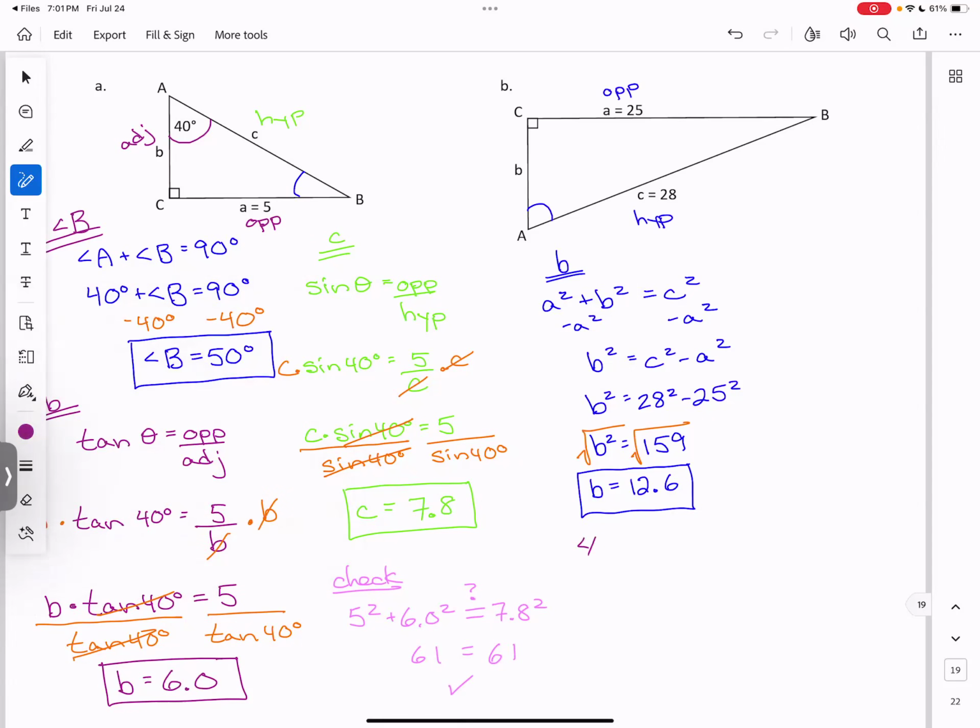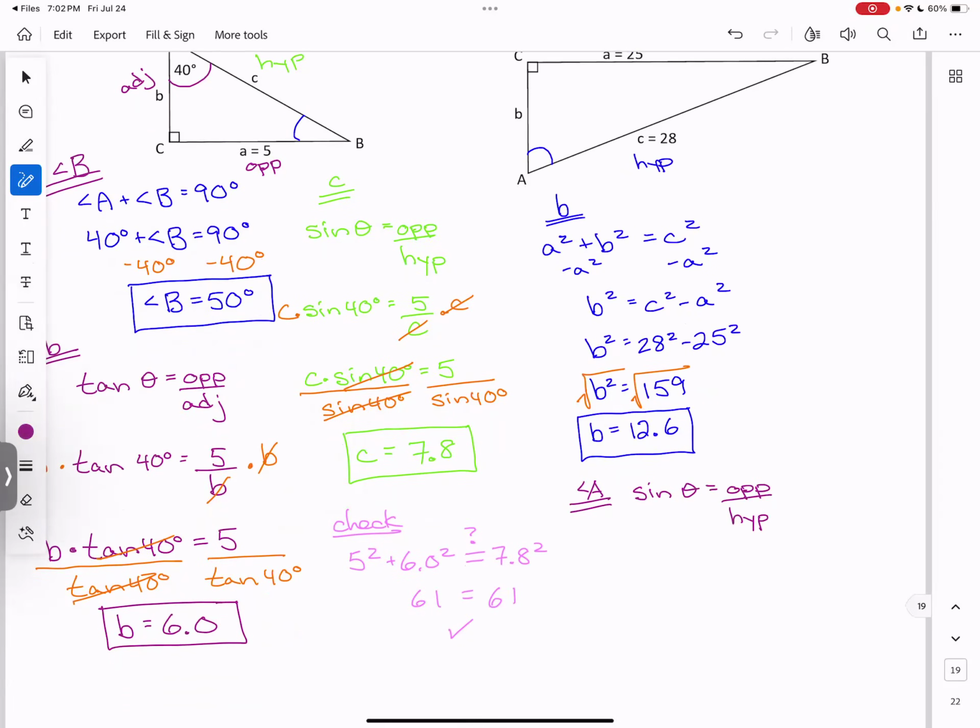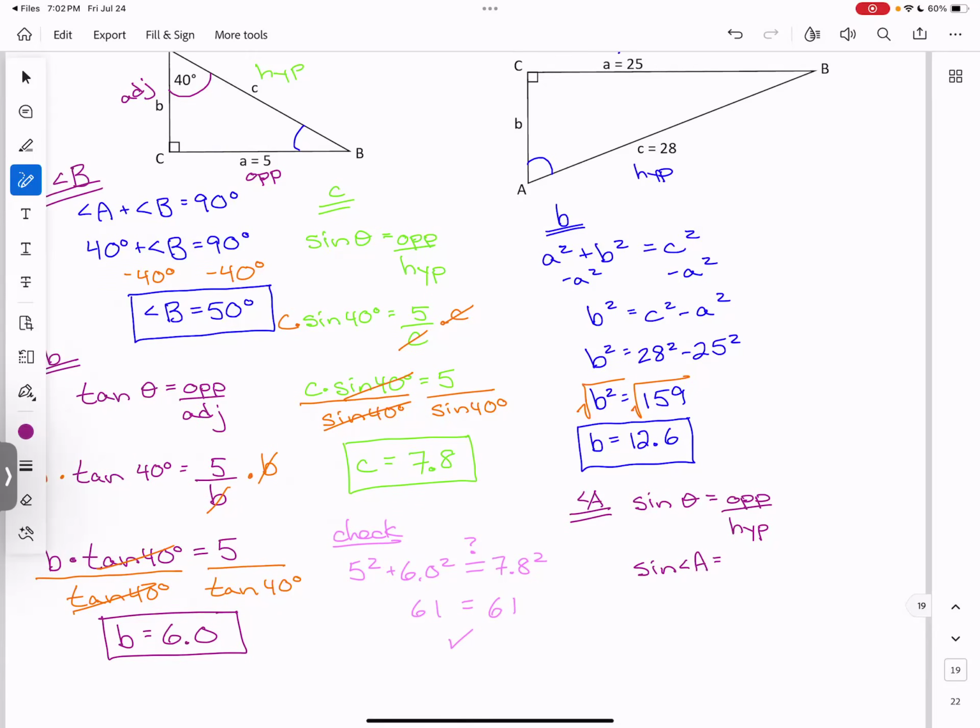Okay, so we're looking for angle A. So if I know my opposite and hypotenuse, I want to use the sine ratio. So sine of any angle is opposite over hypotenuse. So sine of angle A then is 25 over 28.